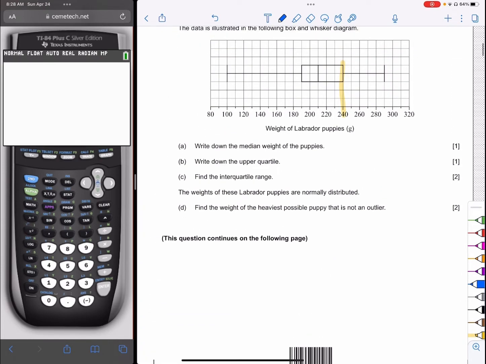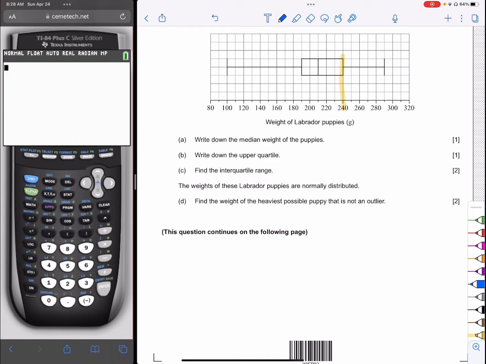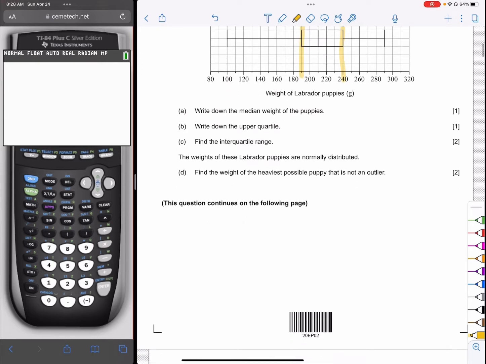Next, they want us to figure out the interquartile range. We should know that the IQR, the interquartile range, is the difference between the upper quartile and the lower quartile. We already know what the upper quartile is, so the lower quartile is going to be the lower part of the box, which is at 190.